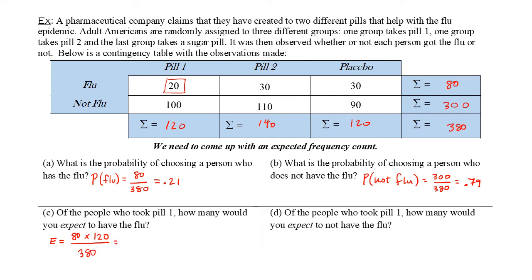And that should tell us roughly what we would expect to see if these two events are independent. So if I do 80 times 120 divided by 380, that's about 25.26.